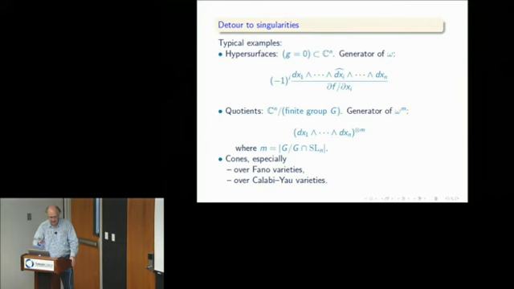I start with the tangent bundle, take its determinant, and just dualize it. But this doesn't show too well what happens near the singularities, and we will be very interested in exactly how this bundle behaves near the singularities, and especially how I can write down some kind of a global section of it.